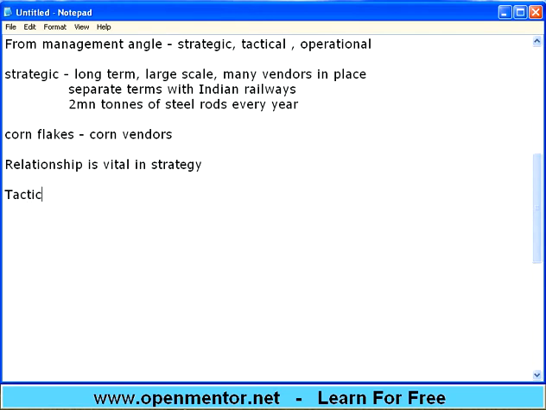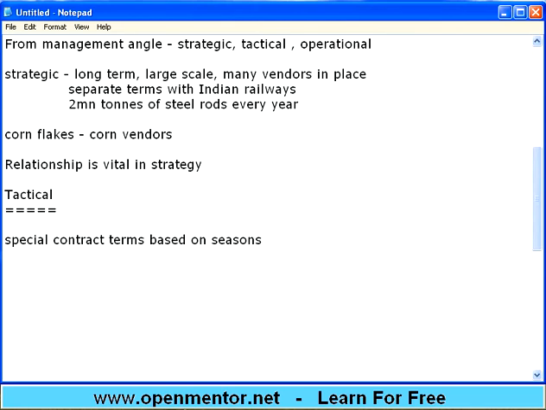When you say tactical, right? Tactical items will be special contract terms based on seasons, right? If it is a rainy season, you may have a separate contract and pricing with them, so that you ensure that you get constant supply, right? And your price is not going way beyond your expectations.